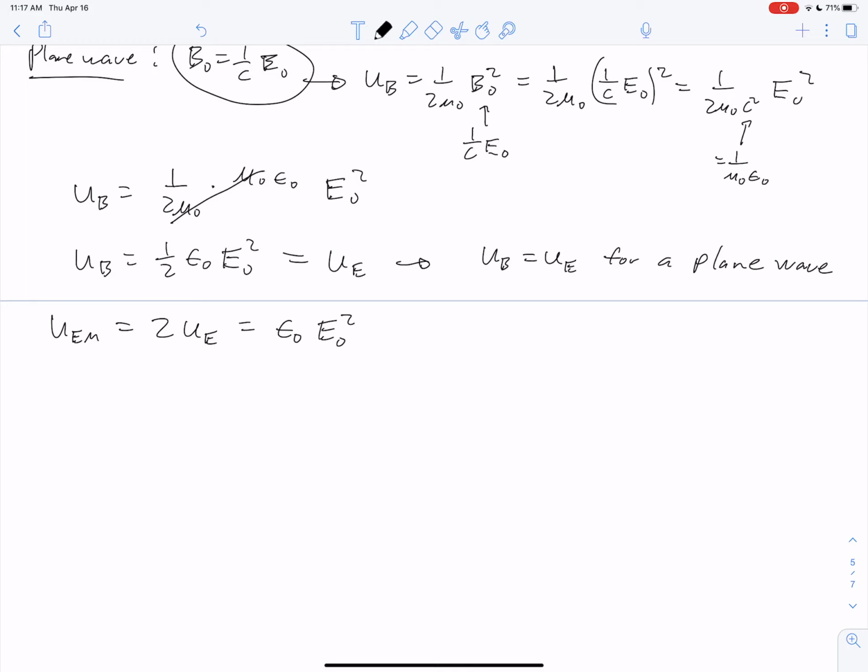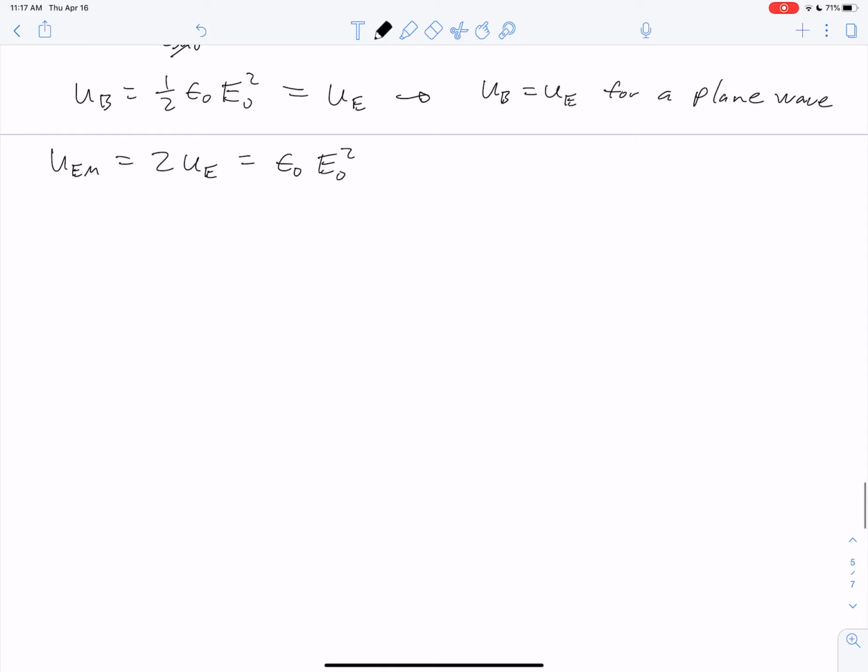But we can see then that the electric field, the actual physical electric field, is... wait, no, we're not ready to do that yet. So this is our electromagnetic energy density. That's a nice relationship for plane waves.